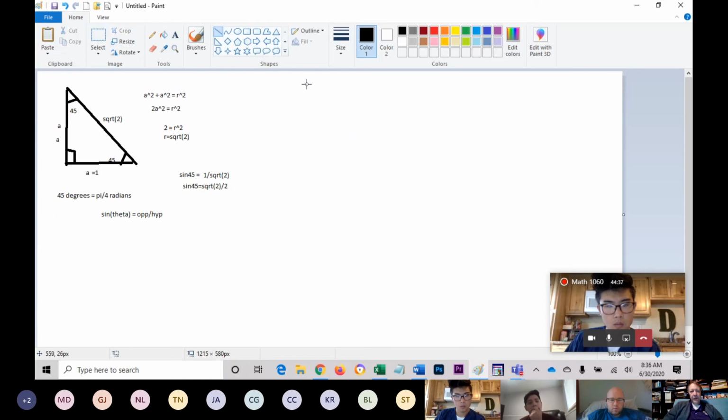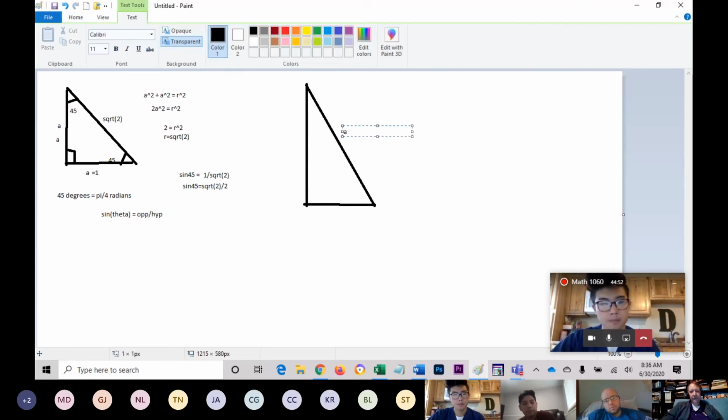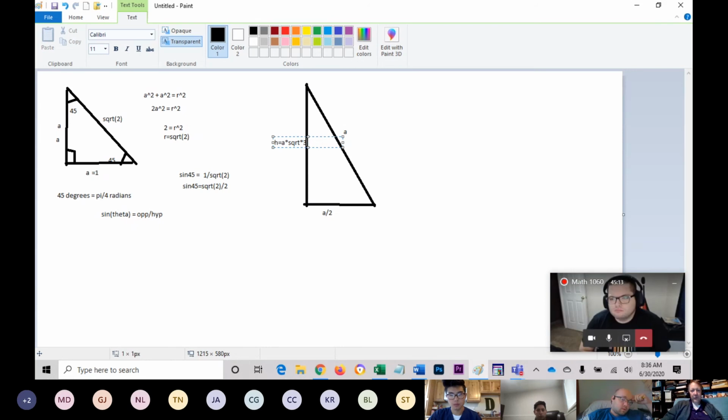So I've got a 30, 60, 90 right triangle. Basically I've split an equilateral triangle in half. If this is length A, this is length A divided by 2, and this is going to be our length h, the height of the triangle, which is going to be A times the square root of 3 over 2.